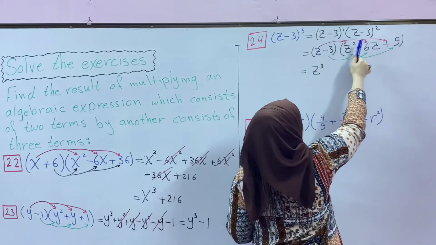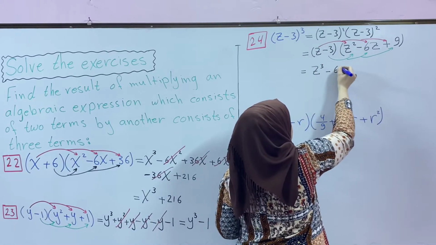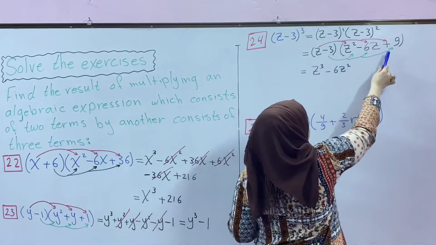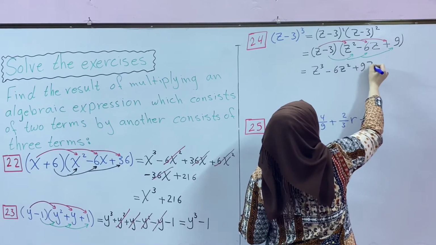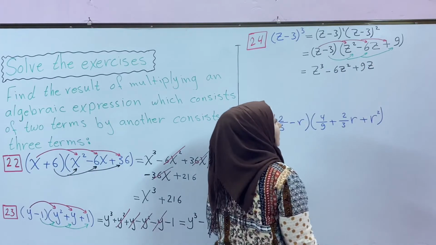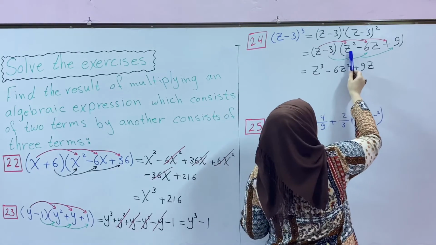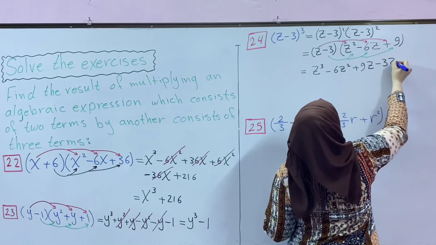Z positive multiplied by negative 6z will be negative 6z squared. Positive multiplied by positive is positive, z multiplied by 9 is 9z. And now we will go to the second term, negative 3 multiplied by z squared will be minus 3z squared.